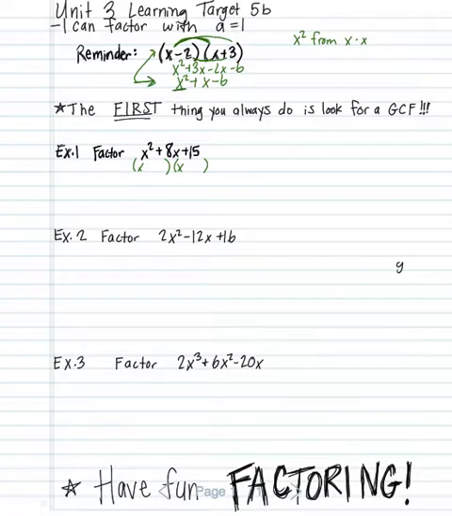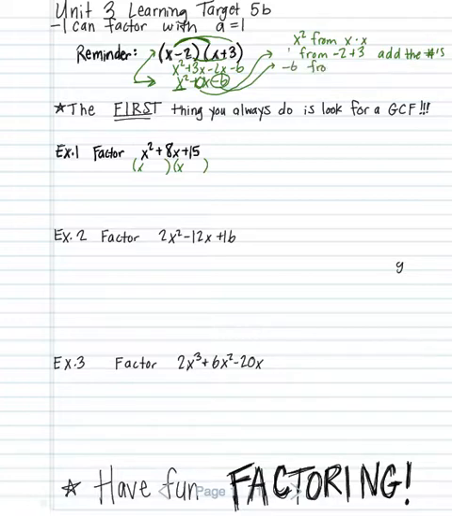Then that second term, we've got 1x right here. That came from doing negative 2 plus 3. We add our numbers together. And then the last term, negative 6, came from doing negative 2 times 3.